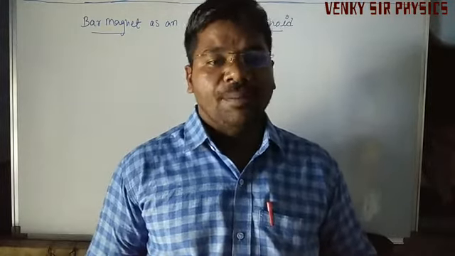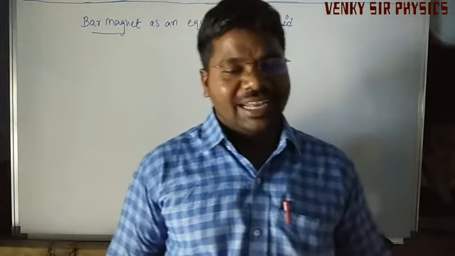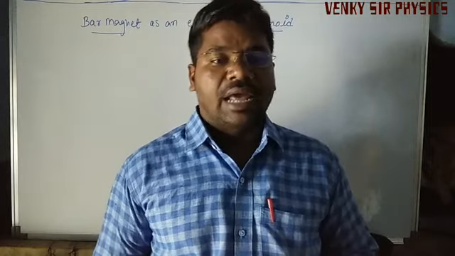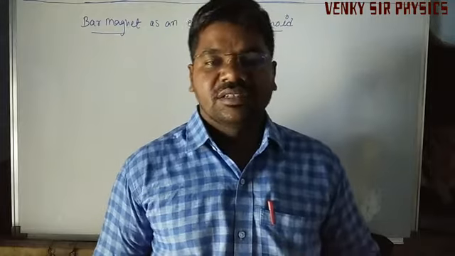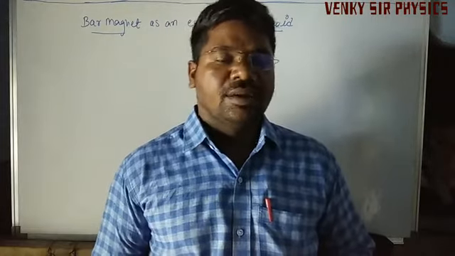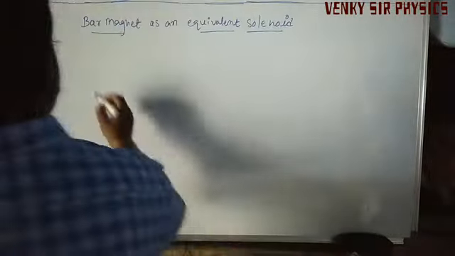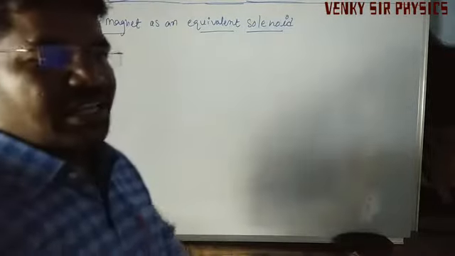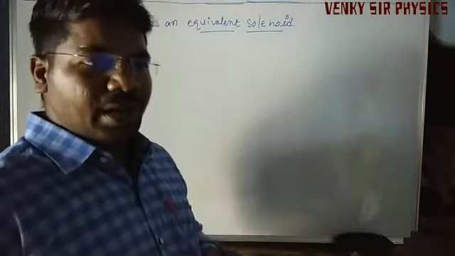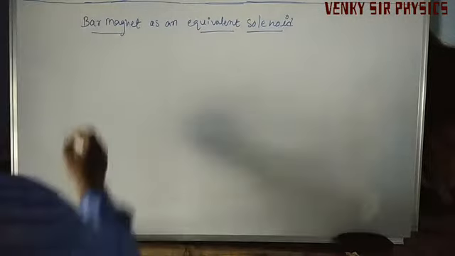To prove mathematically that the magnetic field produced by a solenoid at any point on the axial line is the same as that of the bar magnet, consider a bar magnet. The shape of the bar magnet is like a solenoid, made of a number of circulating coils.